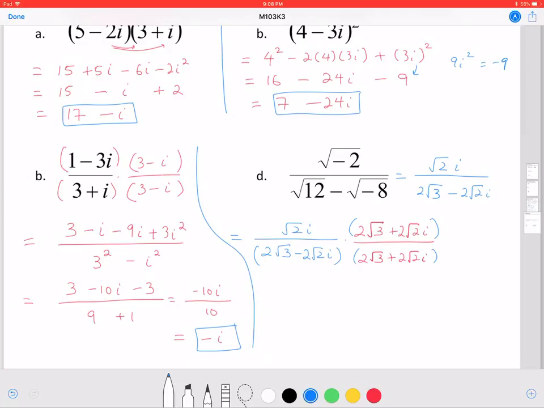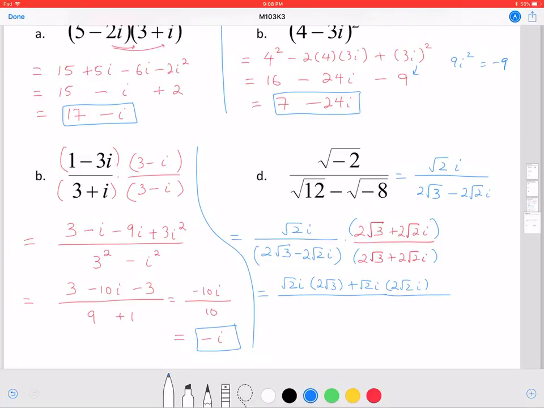Well, this is again a plus b times a minus b. Let me go ahead and distribute square root of 2i. Let me write everything out. Square root of 2i times 2 square root of 3 plus square root of 2i times 2 square root of 2i.